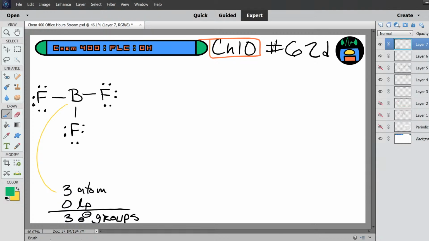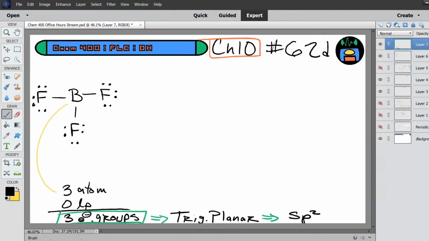All right, that tells us 3 electron groups means that we have a trigonal planar VSEPR geometry, and it also tells us that we are sp2 hybridized.